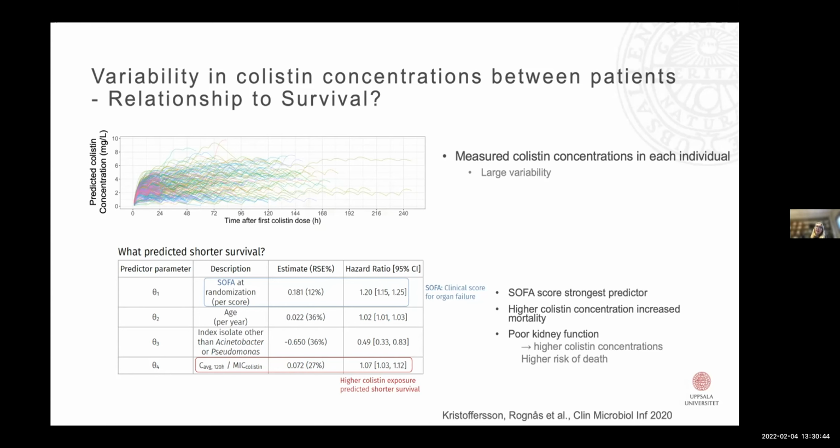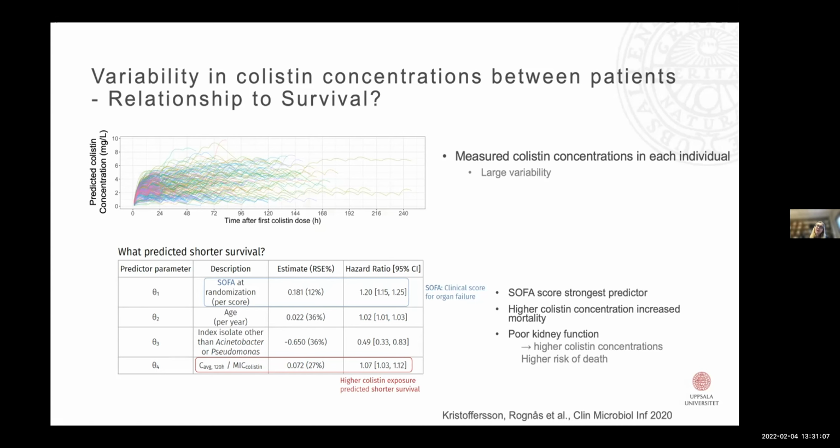But what we were really interested in was, of course, to see here if the concentration made a difference. And then it seemed that actually there was not much difference here, or the other way around even, so that the higher the colistin exposure, the lower was the survival, so it's actually a higher risk of death.